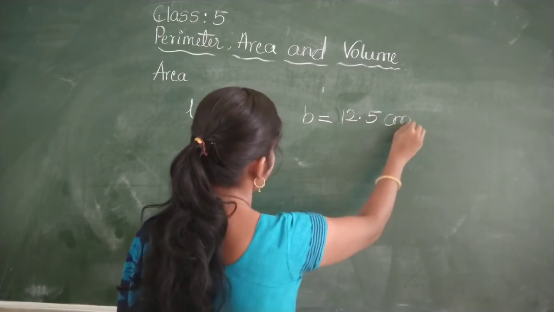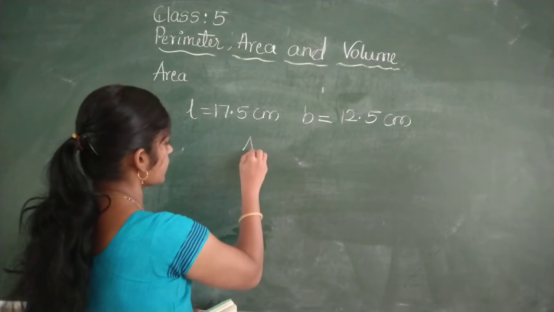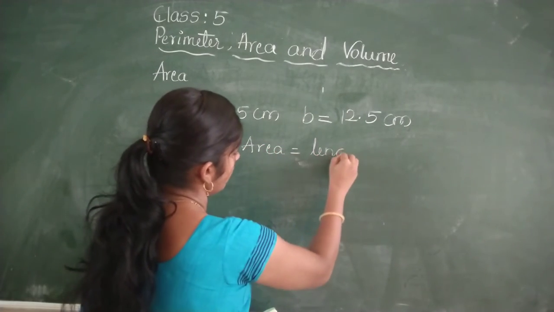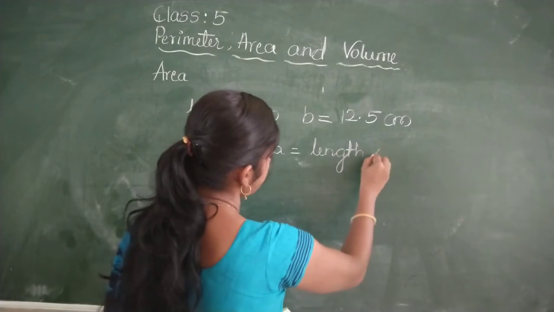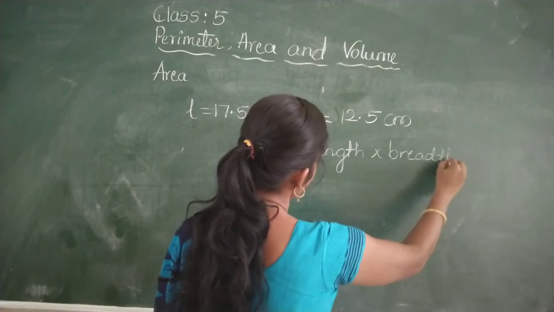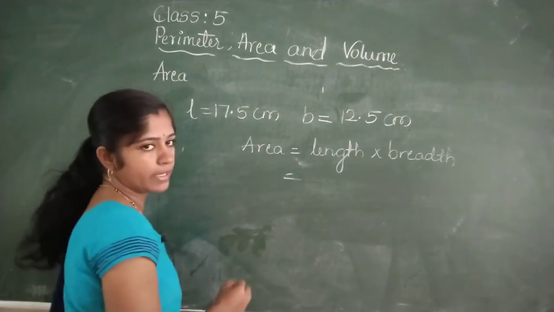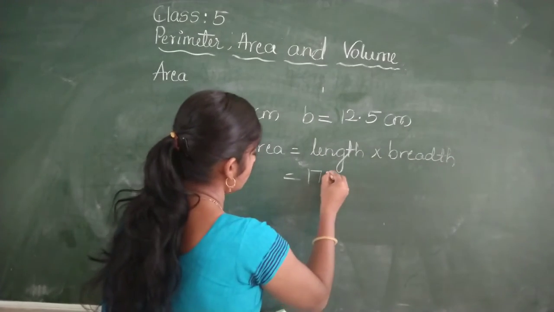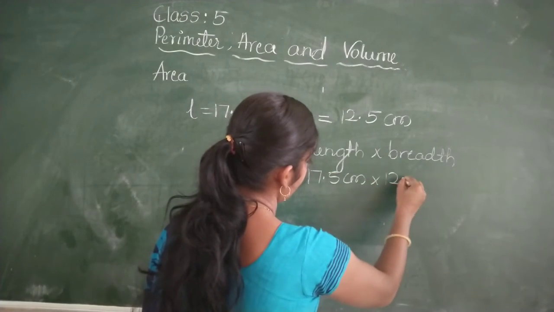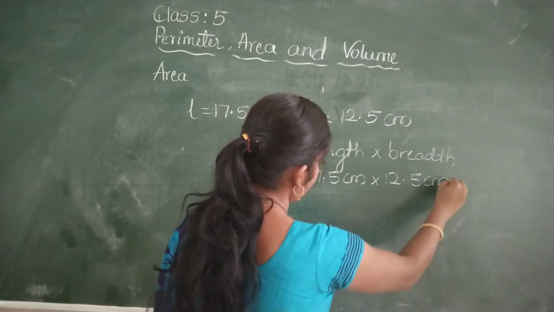Area is equal to, what is the formula? Length into breadth. Length they have given 17.5 centimeter and breadth 12.5 centimeter.